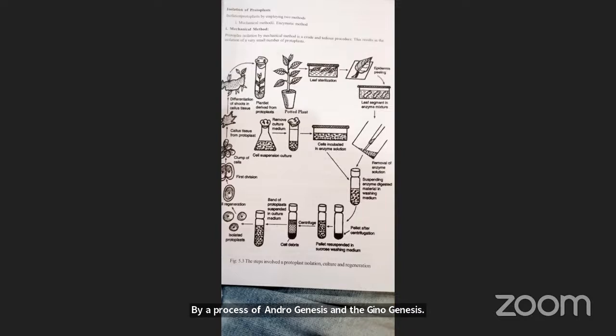So it means the entire organ culture is classified into two types. One is vegetative organ culture, the second is reproductive organ culture. The vegetative organ culture is further divided into different types: root culture, shoot culture, leaf culture or node culture.